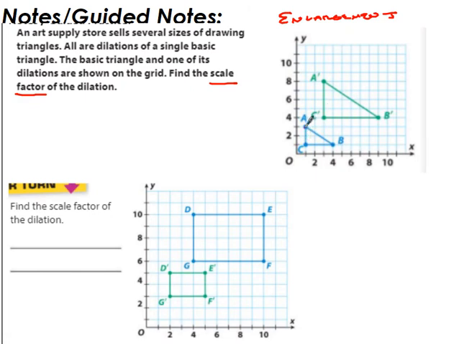So if I look at this side right here, AC, this side is 2. If I look at the side length for the new AC, 1, 2, 3, 4, this side length is 4. I'm just counting how far away A is from C. Well, it's 1, 2. This one's 1, 2, 3, 4.